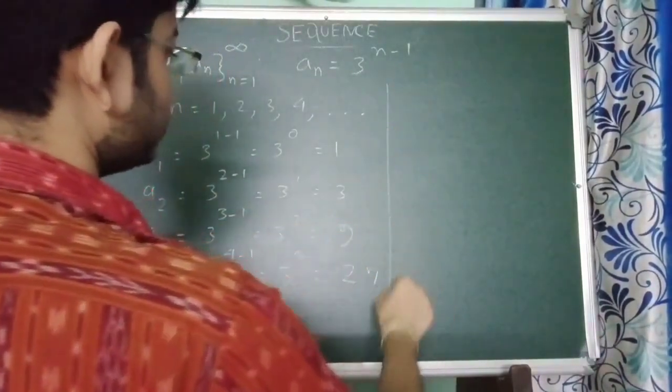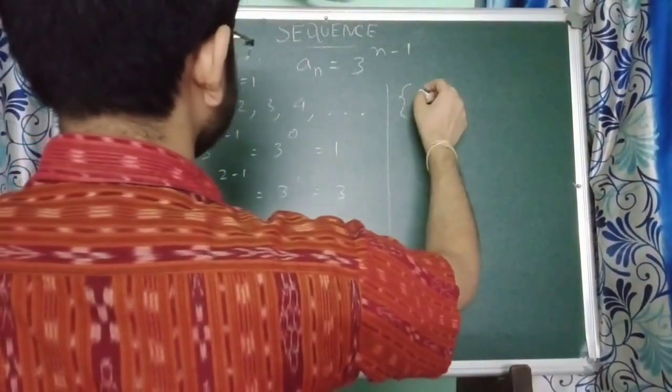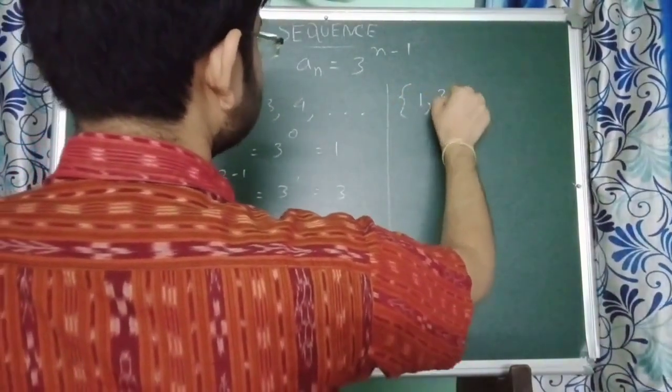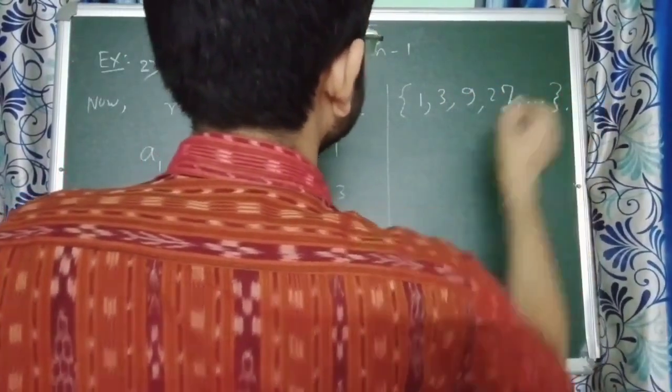So the sequence looks like this: 1, 3, 9, 27 and so on.